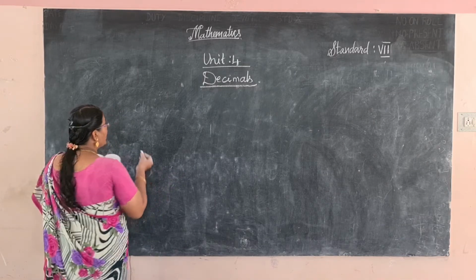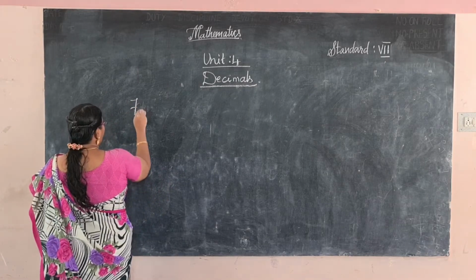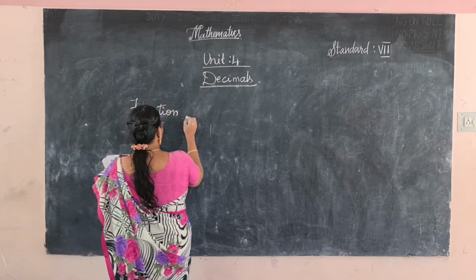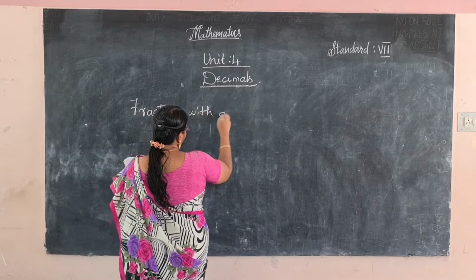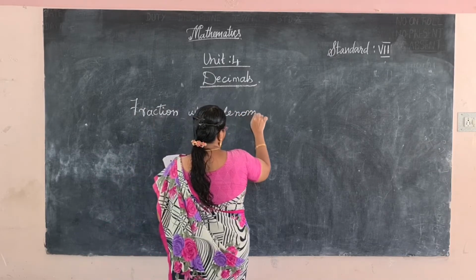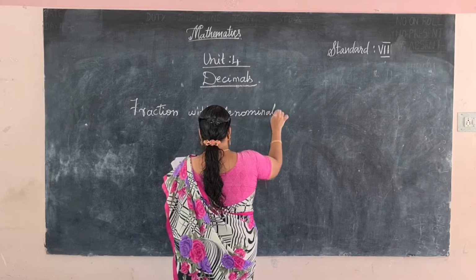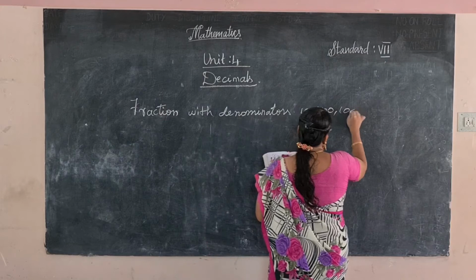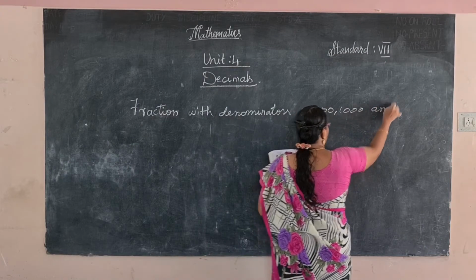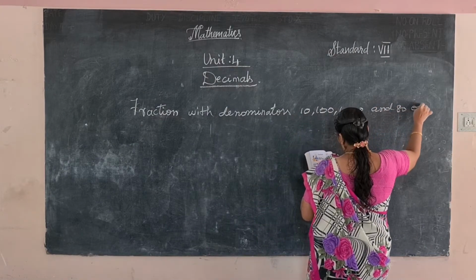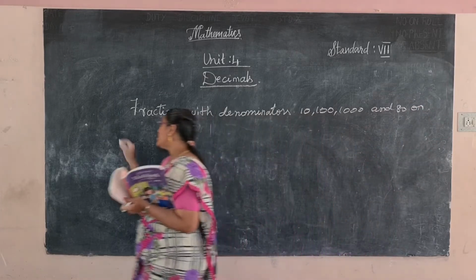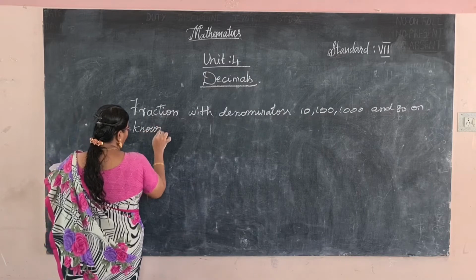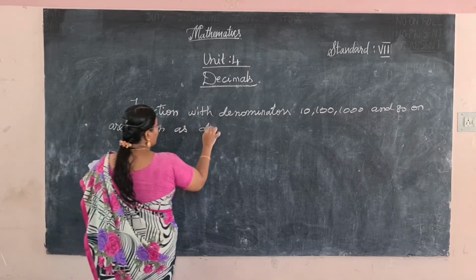So what is the definition of decimals? A fraction with a denominator of ten, hundred, thousand and so on is known as a decimal.